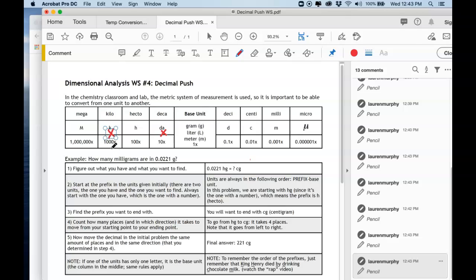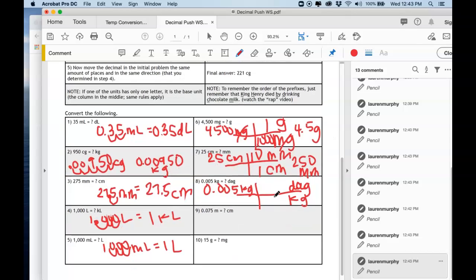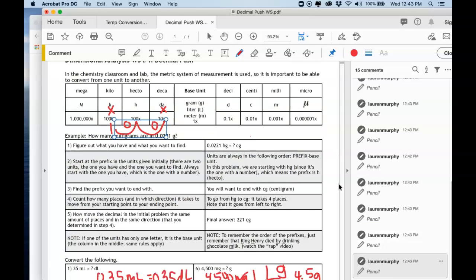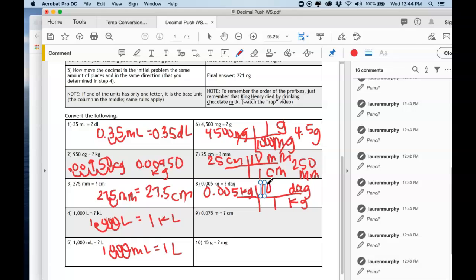This one is the furthest to the left, so I give this a 1. So 1 goes next to my kilogram. And I go over 2 spots, so 100 decagrams. And then you end up with 0.5 decagrams. Okay? So let's finish up these last 2.